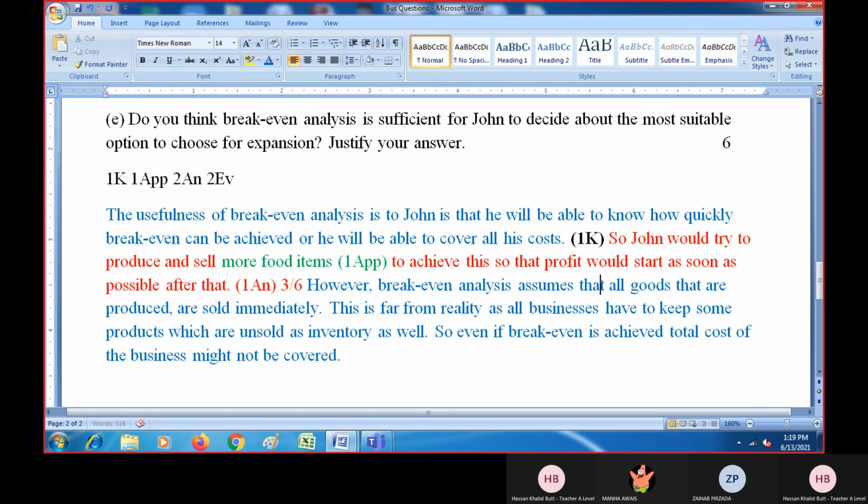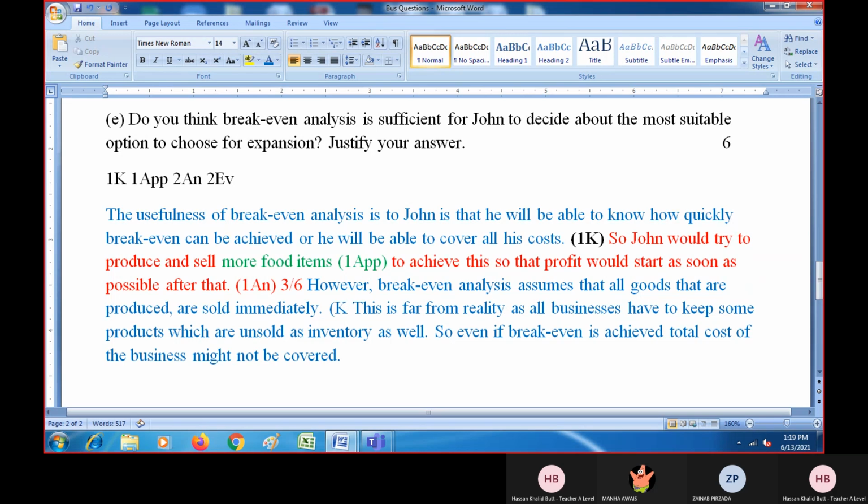Yes. Now you can see that this is a disadvantage. Like, however, break-even analysis assumes that all goods that are produced are sold immediately. This is far from reality. Okay? This is knowledge.